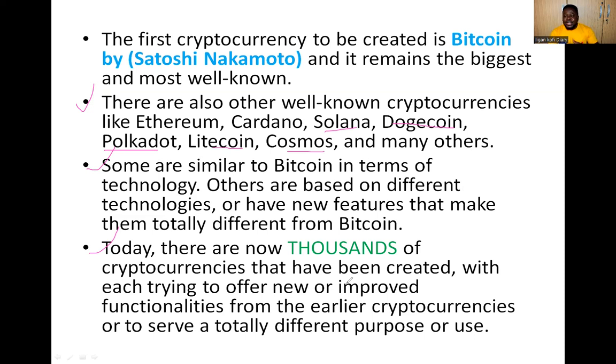So when you hear of a new cryptocurrency that has just been launched, and people are making a whole lot of noise about it, saying, hey, this is the future, let's buy, you need to ask, what is the white paper about this new crypto? What is its purpose? What is it actually here to achieve?